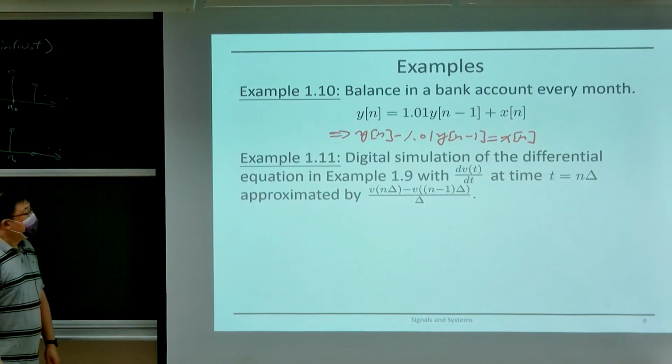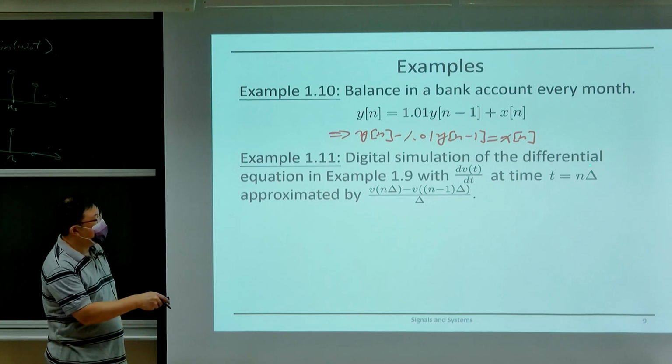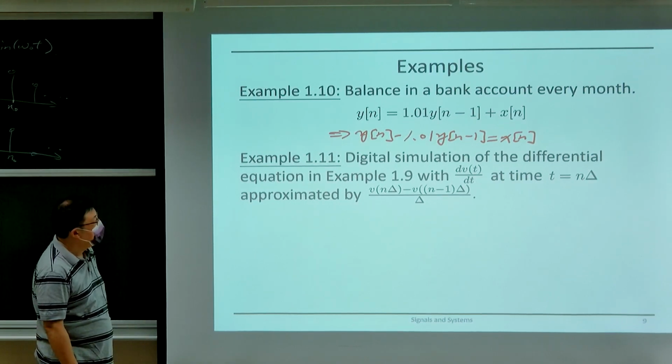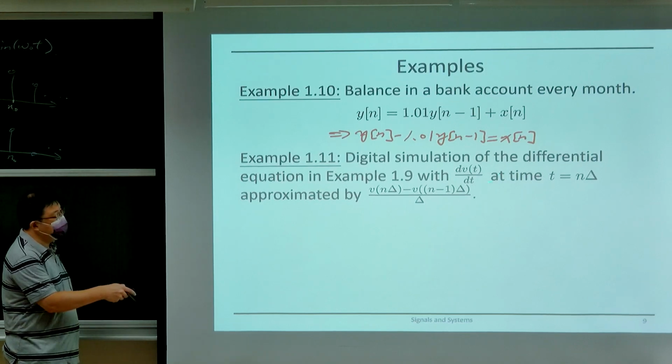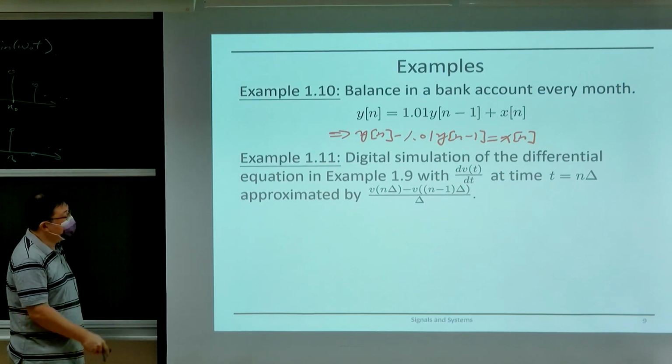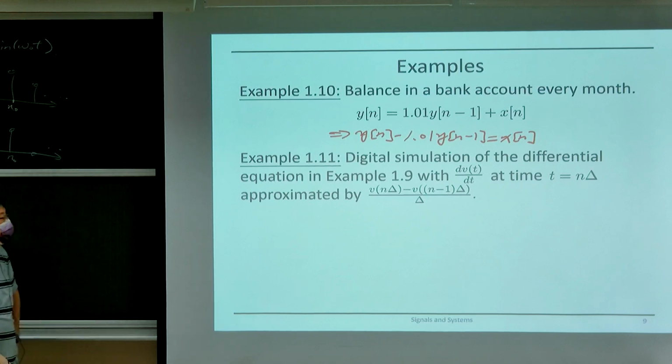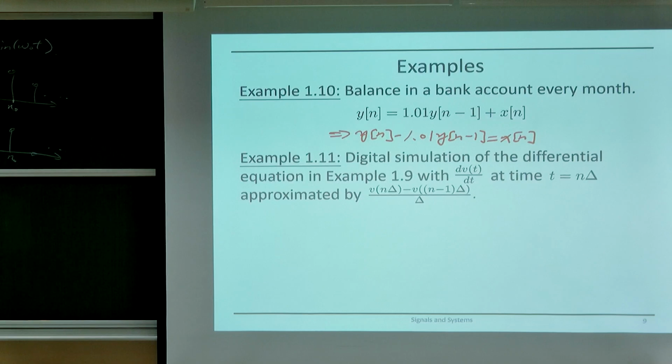Suppose that we sample the signal at integer multiples of delta, and approximate this derivative as the difference v of n delta minus v of n delta minus delta, divided by the duration.